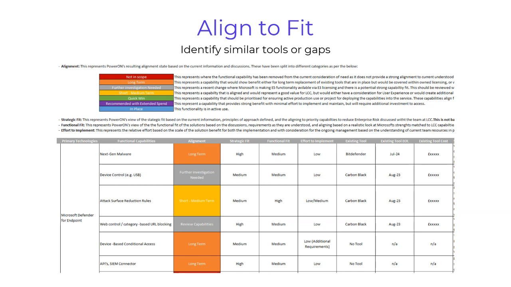And then the next bit is that alignment to duplication, similar functionality. Do we have an existing tool that potentially does this already? When does that tool's end of life, right? And how much are we paying for that tool?